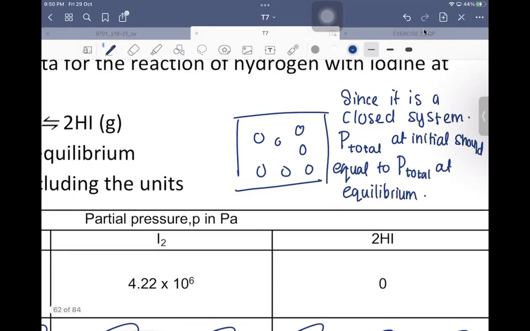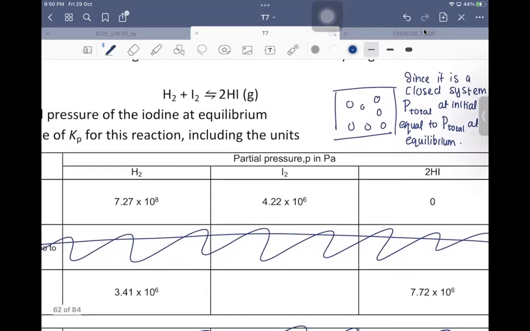Okay, because at the start of the reaction already, my system has to be in a closed system, because if it's not a closed system, they will never achieve equilibrium. My products will keep escaping and eventually I will run out of reactants, right?